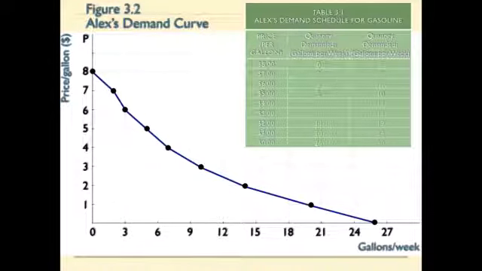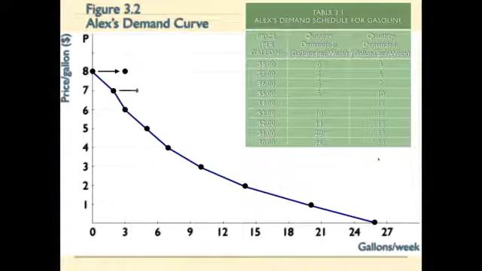Here's the original demand curve for Alex before the increase in income, or whatever has caused the increase in demand. And what we want to take a look at is, what does this new demand curve look like? So all we're going to do is take the prices and now plot out the new quantity demanded related to this change in income, let's say, for Alex.